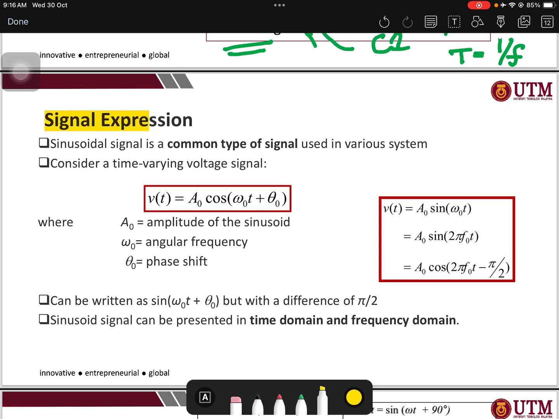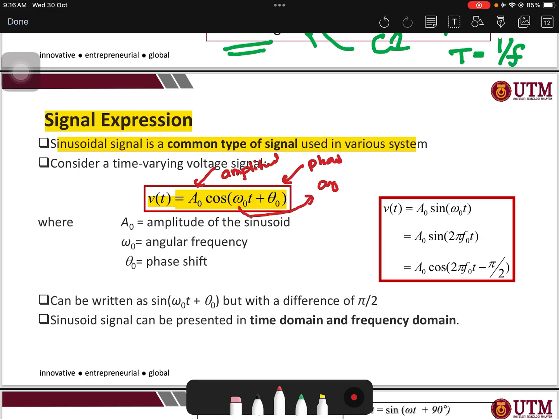Alright, so now let's learn about the signal expression. For the signal expression, sinusoidal is a common type of signal that is used in various systems. This is the common time varying voltage signal, in which you have the amplitude, this one is the amplitude, and then you have the angular frequency, and you have the phase.